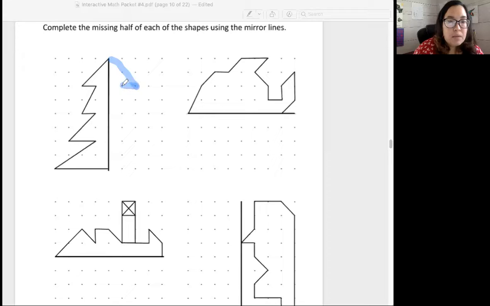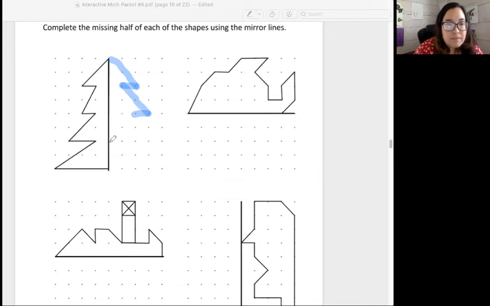Now looks like I'm going to start my line and go down 2 and over 2. So down 1, down 2. Okay. Now I'm going to go in 1 square. And now I'm going to go down 2 more, but I'm going to go over 1.